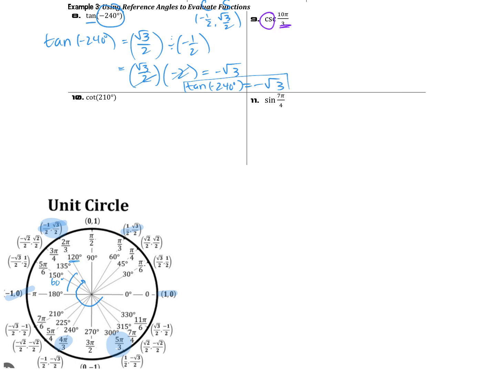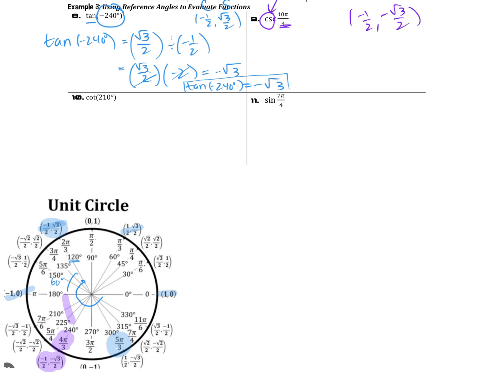Or you could think about the fact that 9 pi over 3 is 3 pi, and we're going one more away. So we're going to use the corresponding angle 4 pi over 3, or the reference angle that would be formed here. What that means is the coordinate we're going to use is this one. So the point that corresponds to 10 pi over 3 is negative 1/2 and negative root 3 over 2.